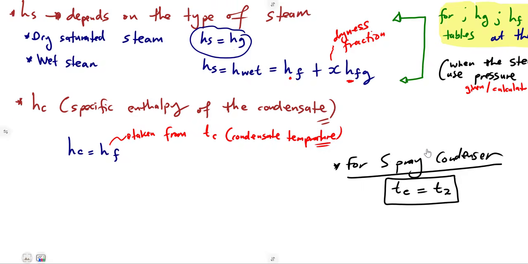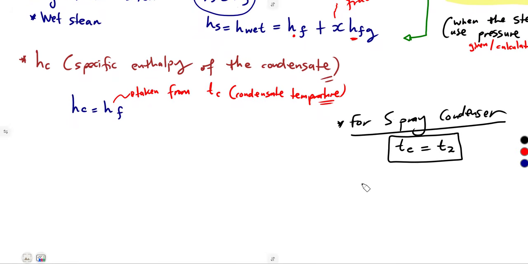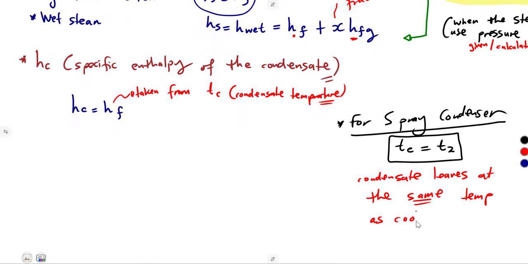The reason being we saw that the condensate lives at the same temperature as the cooling water outlet. Take note, we are talking about the outlet at the exit, so that's why we're talking about T2.